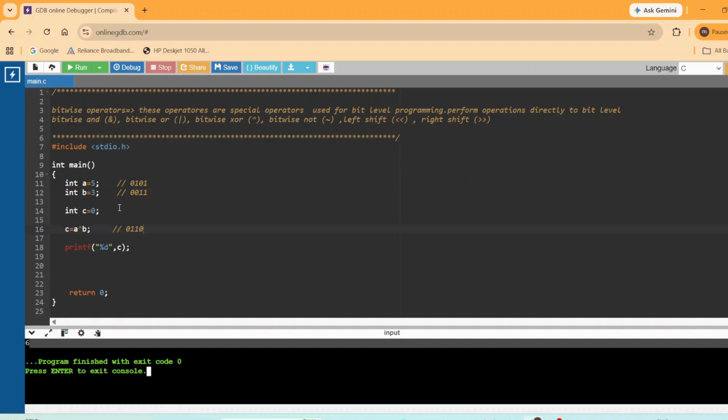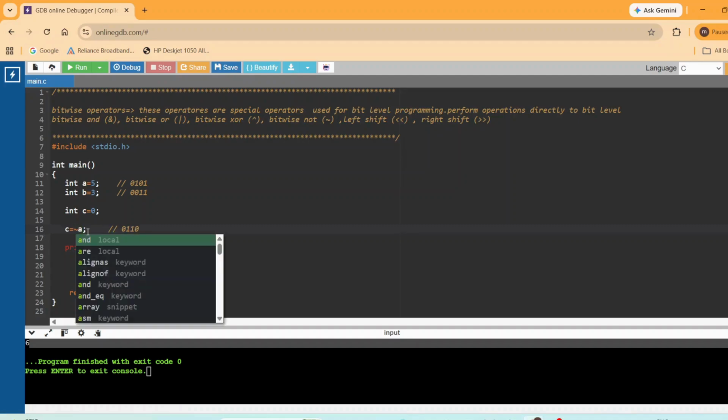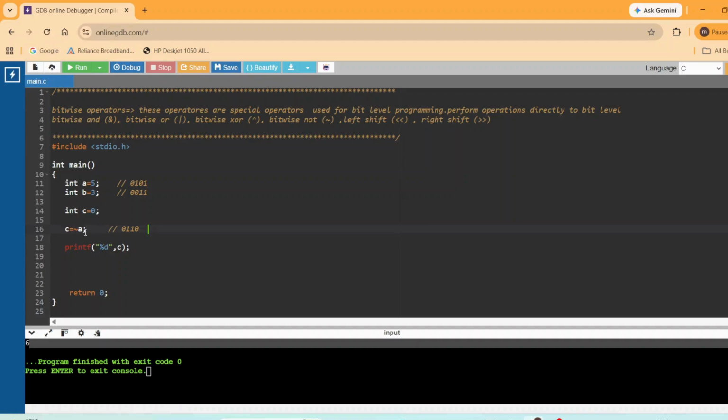Next is bitwise NOT. NOT means this is the two's complement concept. But generally we can use a formula: minus of n plus 1.